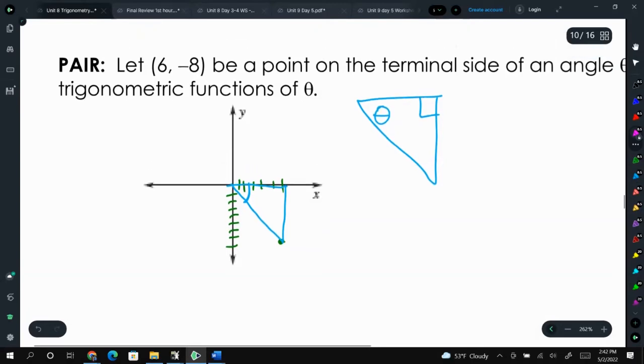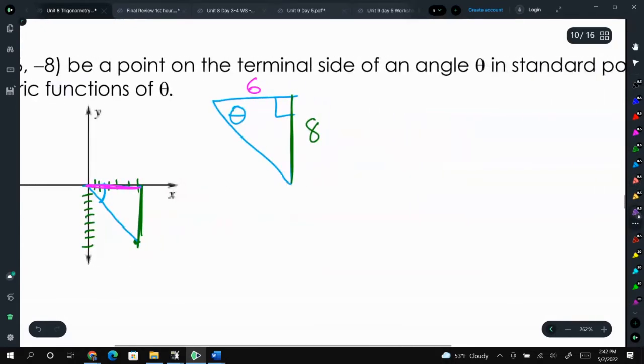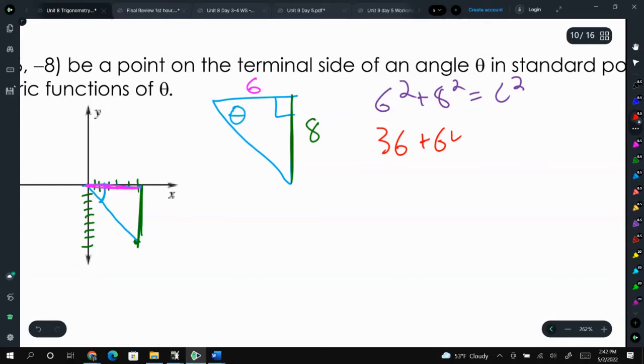And 6 would be our horizontal distance. Our vertical distance here would be 8. And then we could calculate the hypotenuse. 6 squared plus 8 squared equals c squared. And if you recognize that this is a Pythagorean triple without going through these motions, that's fine.